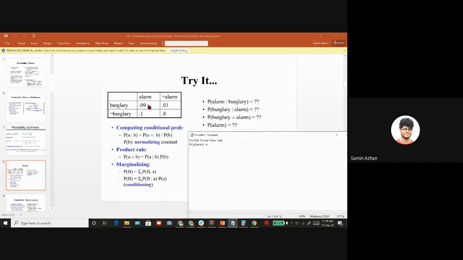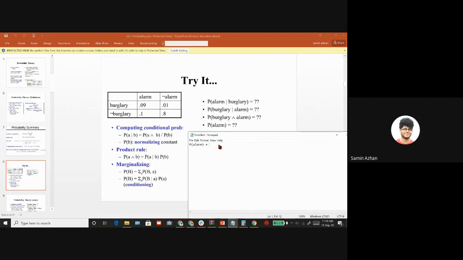Now, to calculate the probability of alarm only, we have to look at all the probabilities where alarm is true. So for burglary equals true, alarm is true for 0.09, and also for burglary equals false, alarm is true for 0.1. So we have to add them up. For this entire column, the alarm is true.